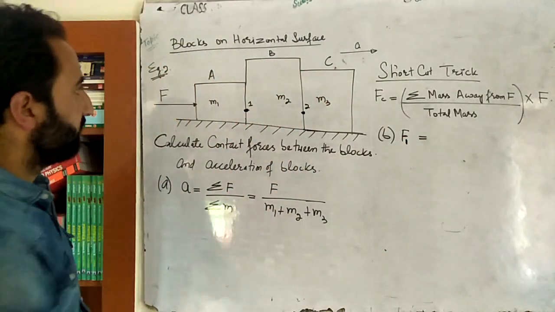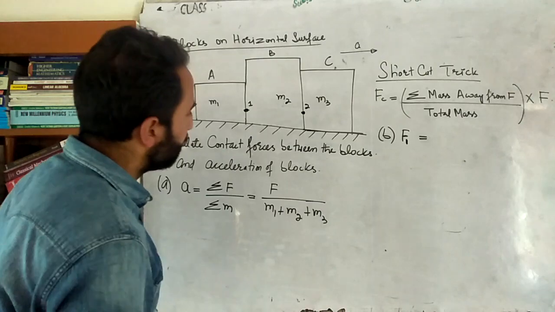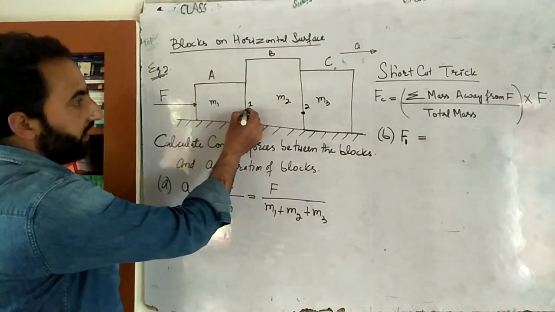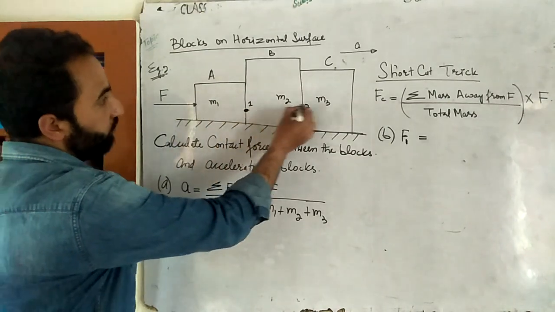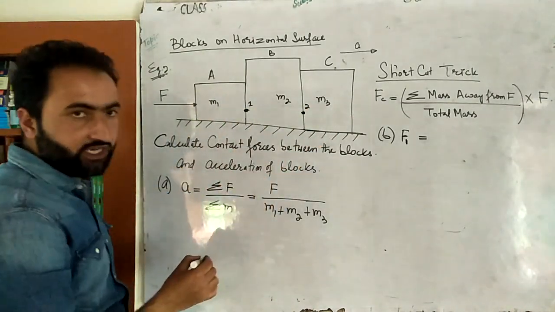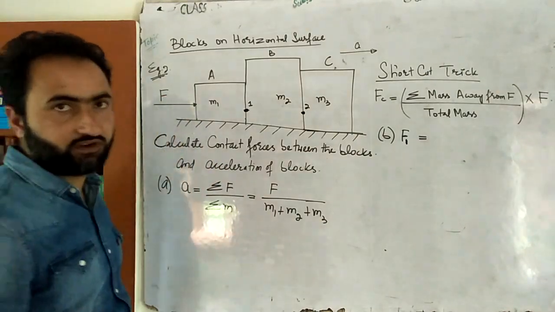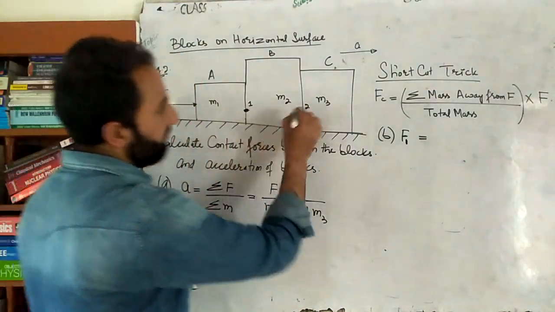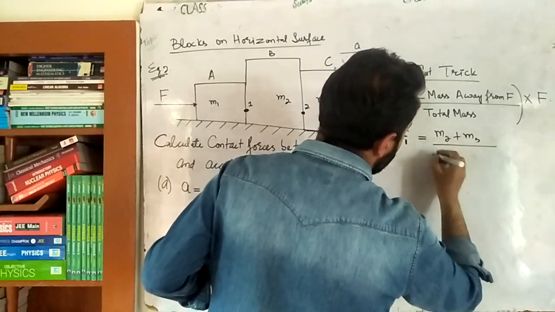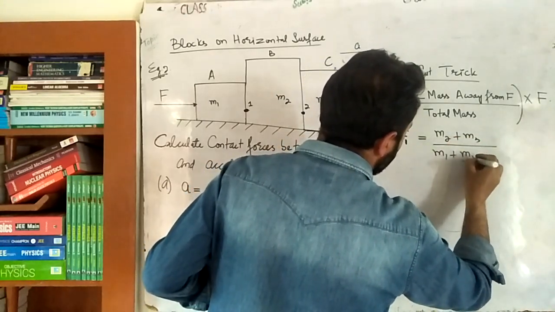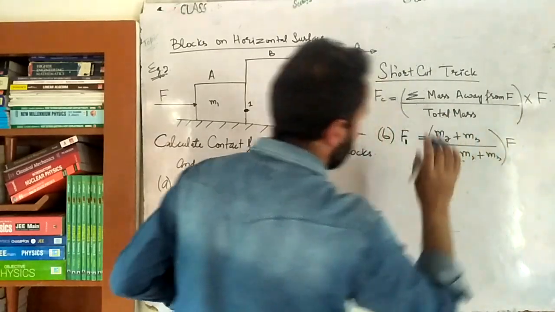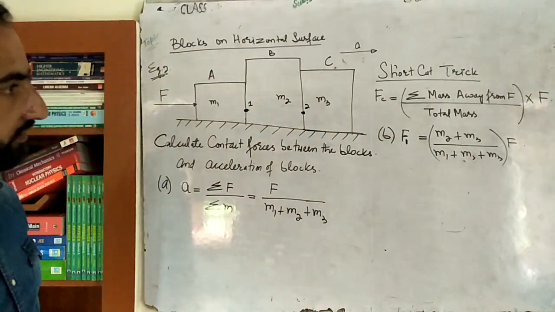At this point the force is equal to the sum of masses away from capital F, which is M2 plus M3, divided by the total mass M1 plus M2 plus M3, multiplied by the external force, capital F. That is the answer.